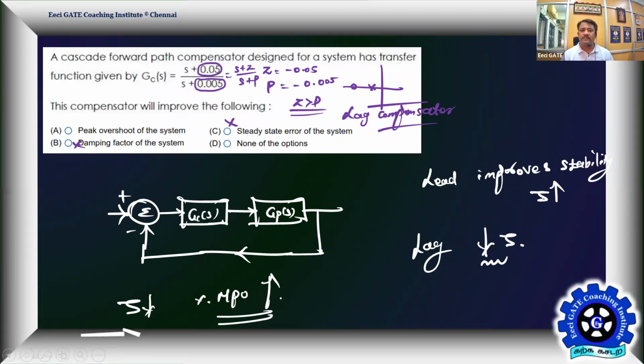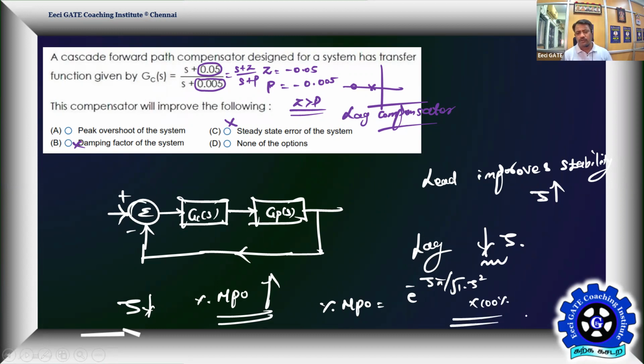Improve means, so an increase in peak overshoot is not an improvement. Overshoot increases is not an improvement. The overshoot will increase is correct, but here improve is the meaning. You can remember the expression percentage MPO is equal to e power minus zeta pi by root of 1 minus zeta square into 100%.